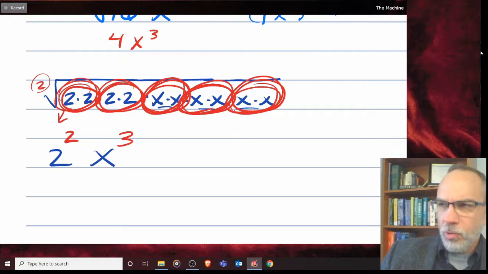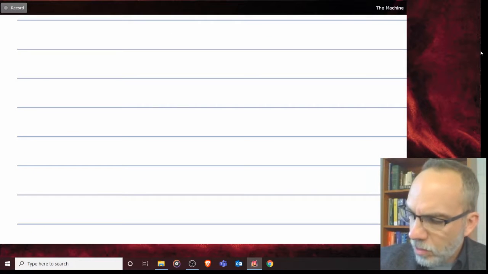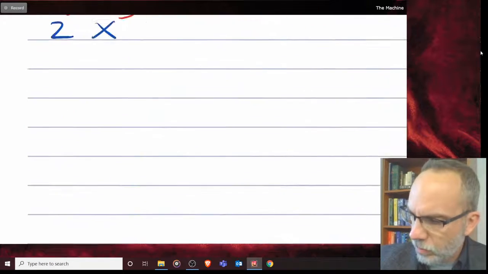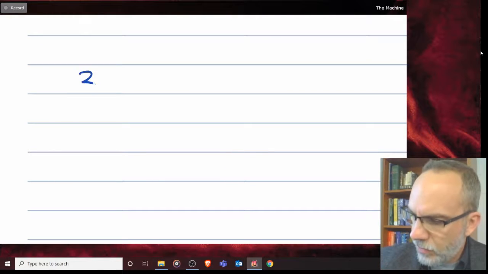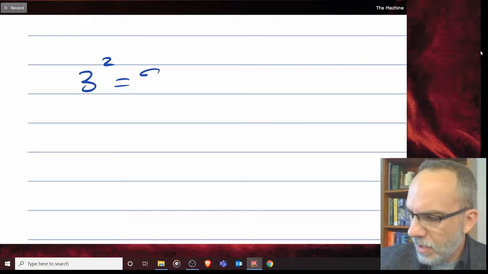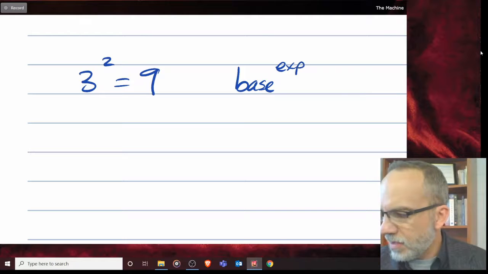So a root is asking you now, what's the base? And so by way of quick review, we're going to have 3 squared is equal to 9. That corresponds, in language, with the base raised to the exponent is equal to the power.